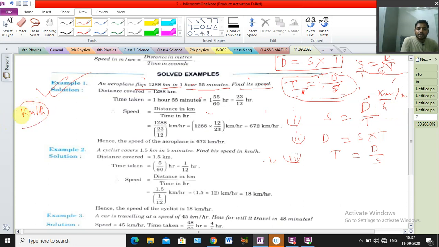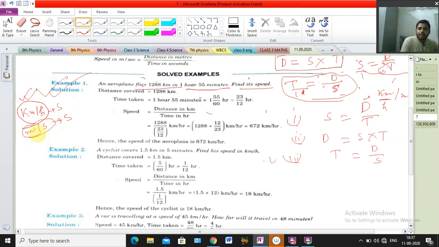That is the unit of the speed. And when meter, that means meter per second. Meter per s for second, and h for hour. So meter per second is also a unit of the speed. Basically we get 2 units, 1 kilometer per hour, another 1 meter per second.